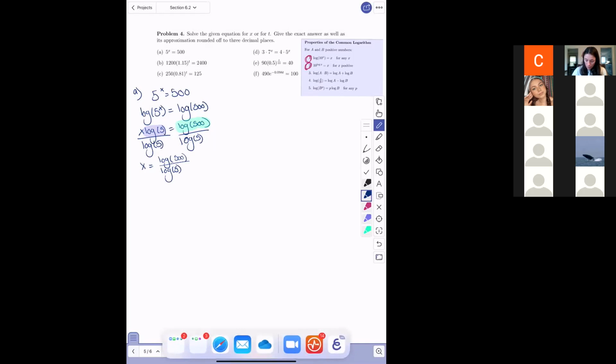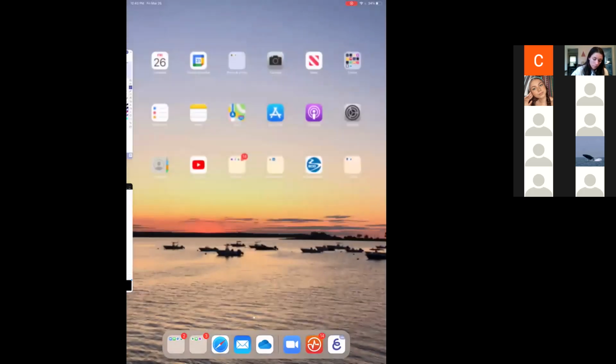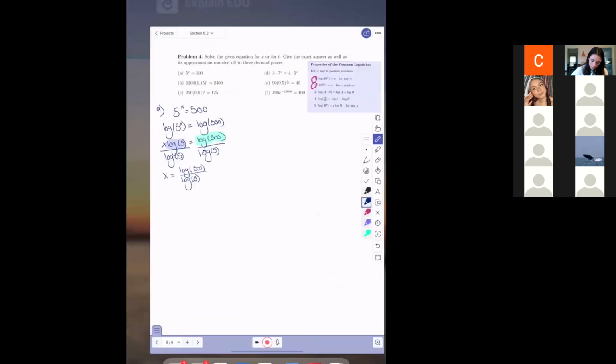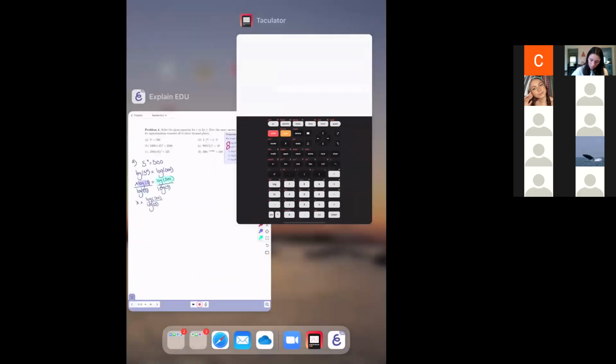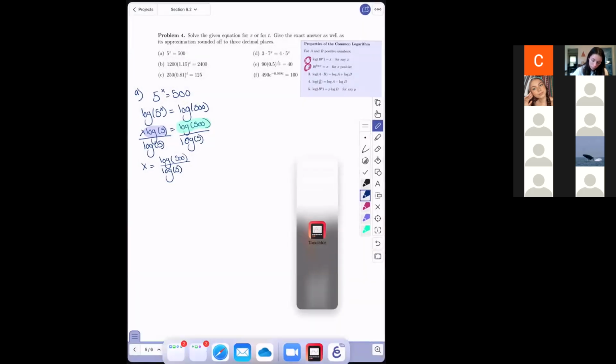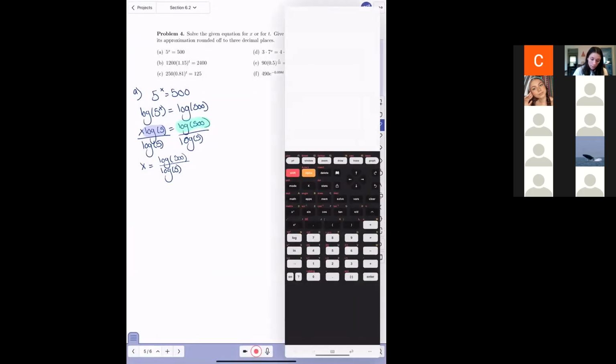Now go ahead and put that in your calculator. We did this a couple classes ago, I think, where we practiced putting logs in our calculator.